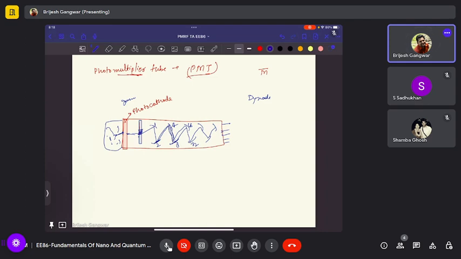If you look at the photomultiplier voltage divider circuit, it looks something like this.